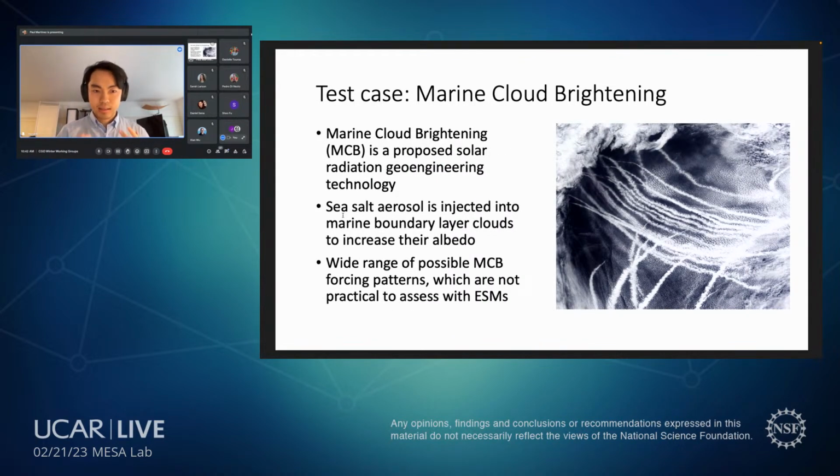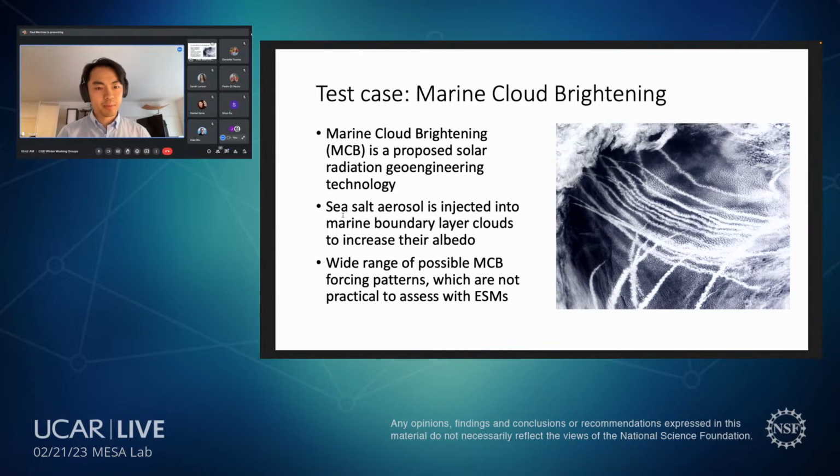Okay, so as a test case, we're using marine cloud brightening. Marine cloud brightening is a proposed solar radiation geoengineering technology where sea salt aerosol is injected into marine boundary layer clouds to increase the albedo and cool the surface.